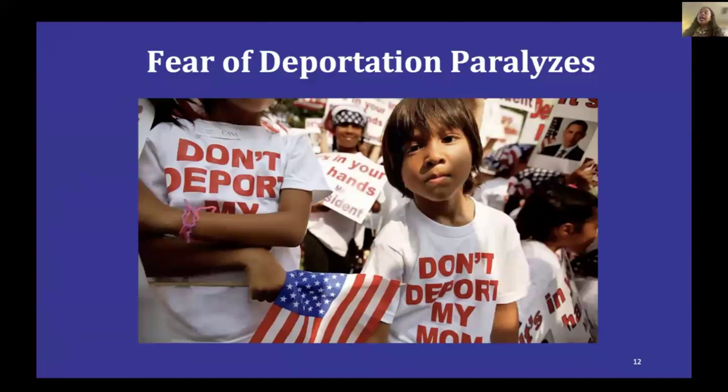But especially now, we have to make sure that we share with them that no matter what, love does not hurt. And deportation, while it is an issue, there are ways that you can still get protective orders and you can still be safe without worrying about being deported. Next slide.